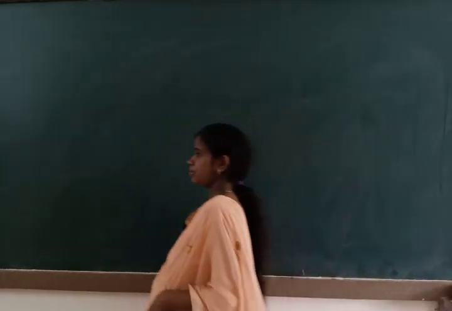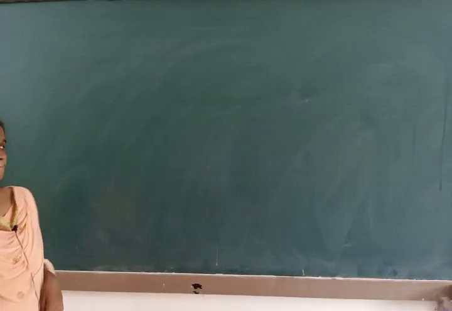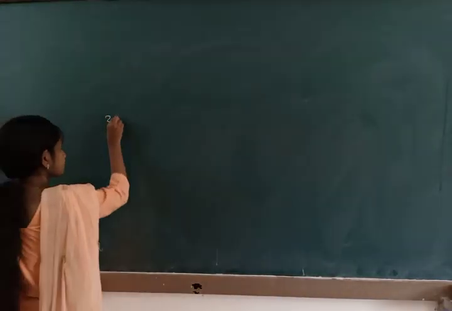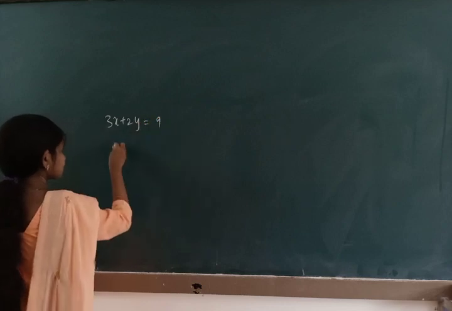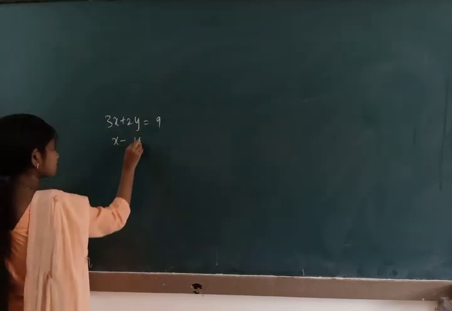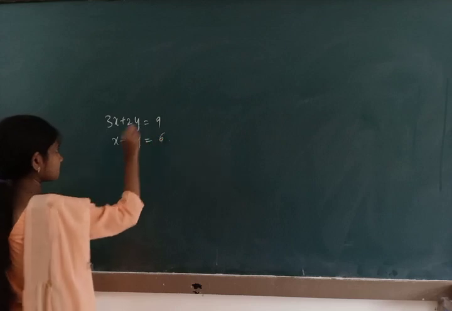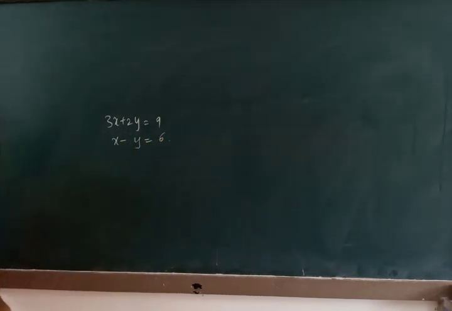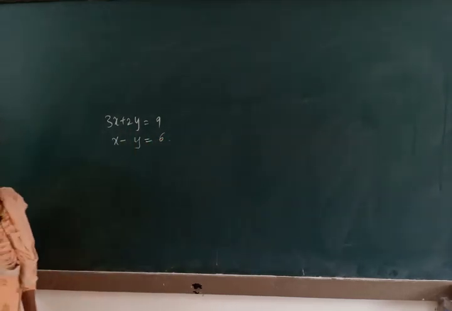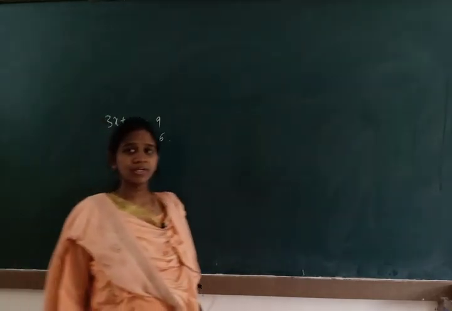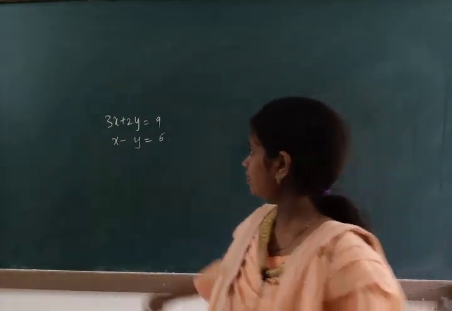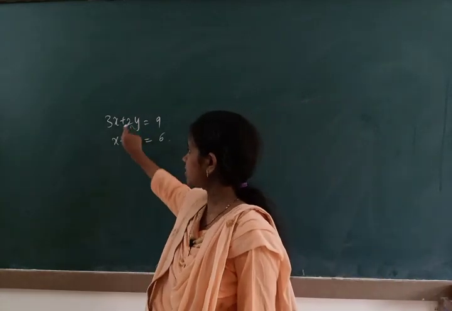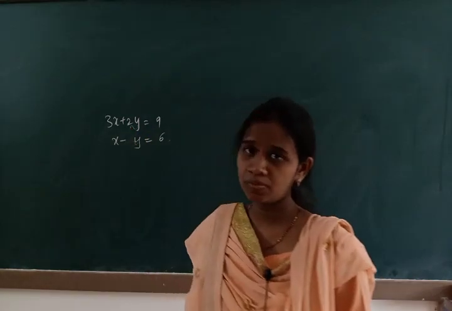Take one more problem. So, this is another problem, 3x plus 2y is equal to 9, x minus y is equal to 6. Now, we can't cancel the y with the y because this coefficient is 2 and this coefficient is 1.